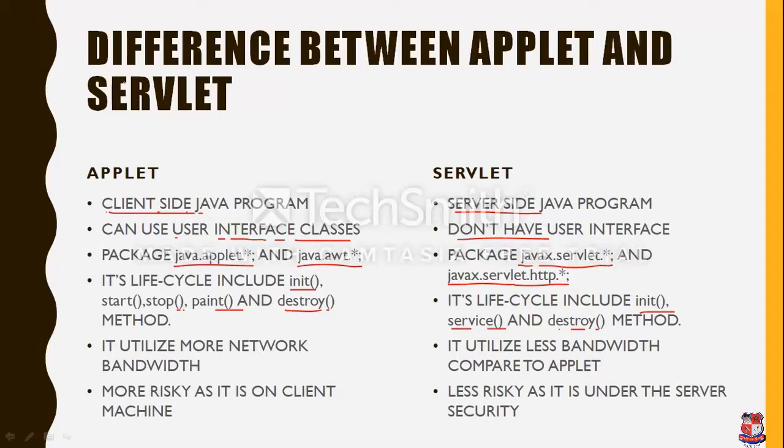And the network bandwidth used by applet is more than the servlet, as applet program runs on the client side, while servlet program runs on the server side, so it uses less bandwidth. Applet is more risky to be hacked by hackers, while the servlet comes with the server security, so it is less risky than the applet.